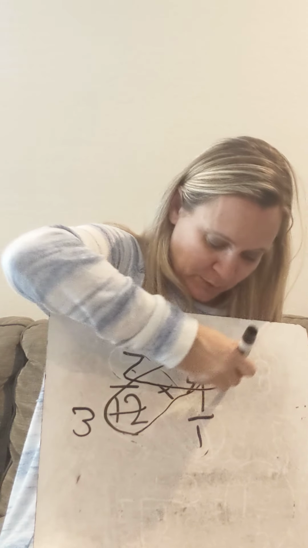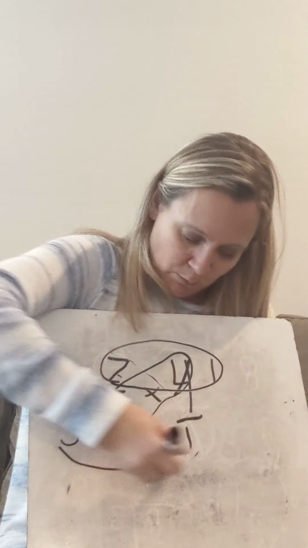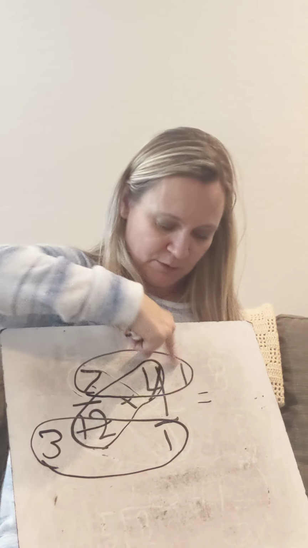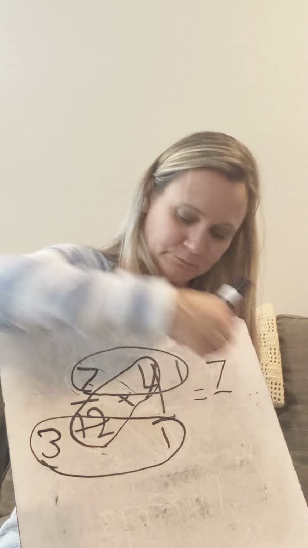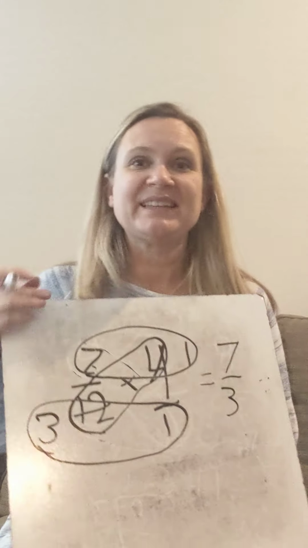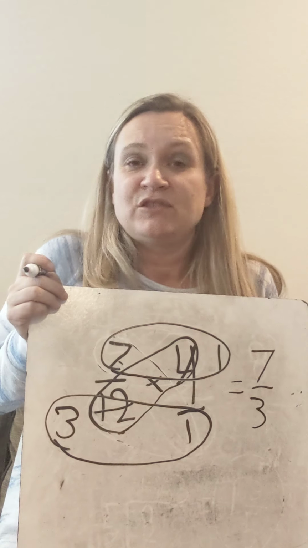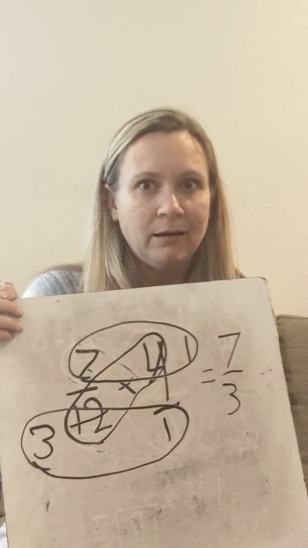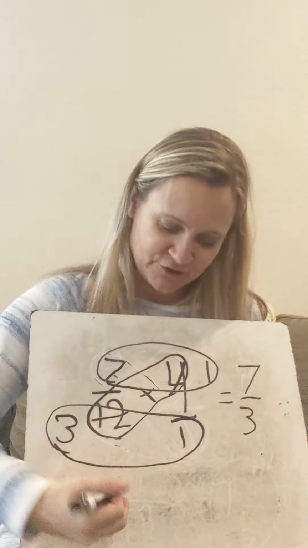So now I'm going to multiply my tops, and I'm going to multiply my bottoms, and I end up with 7 times 1, 7. 3 times 1, 3. 7/3. So I ask myself the question, is it okay? It's rude again, improper fraction.